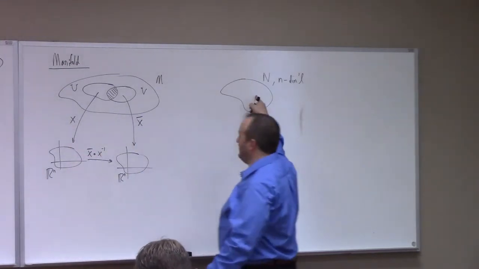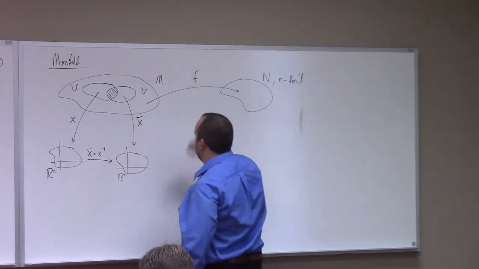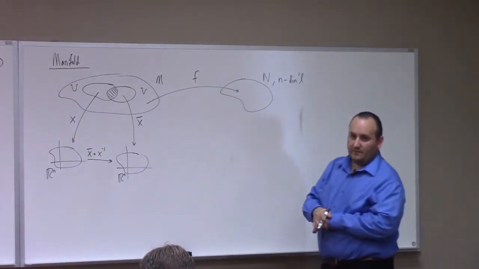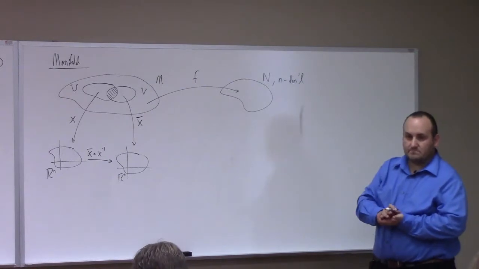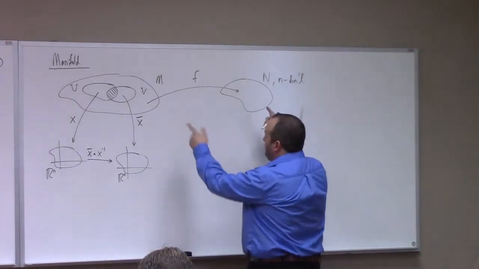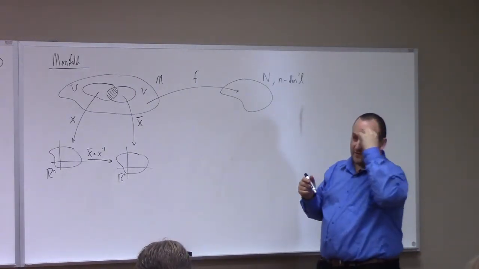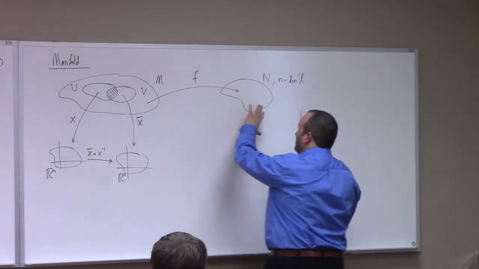And you can have a mapping from here to here, f. You could have a function from one manifold to another. And then you could ask the question, what does it mean for that function to be smooth?